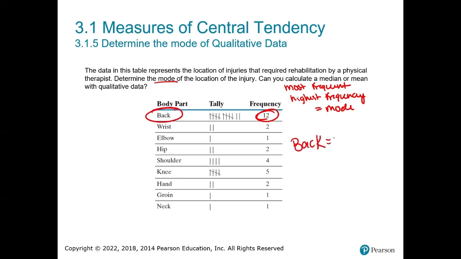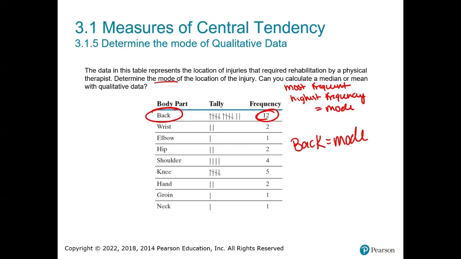So the back is the mode. Okay, this is qualitative data. The response was back, hip, shoulder, back. A word response. That word data can be put into a frequency table, but it is still word data.